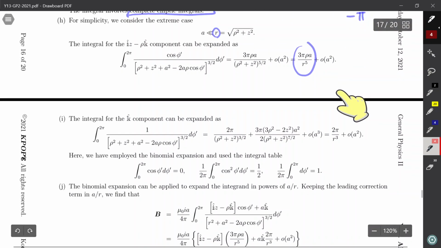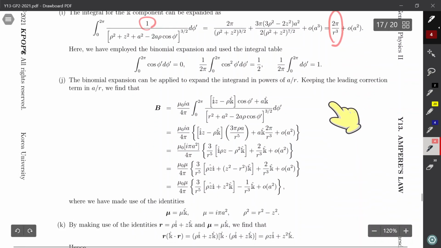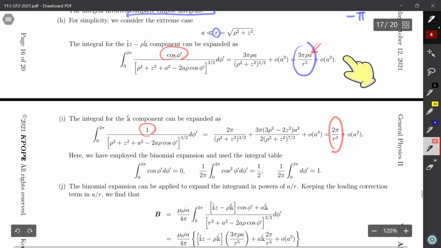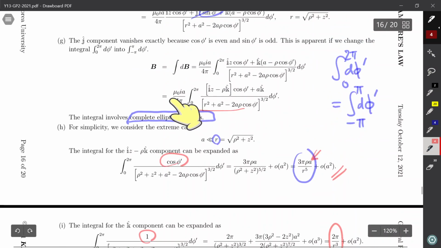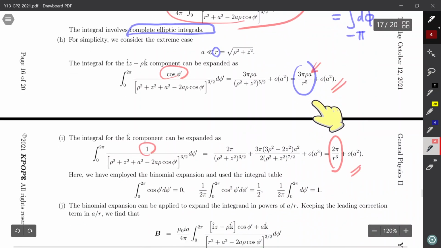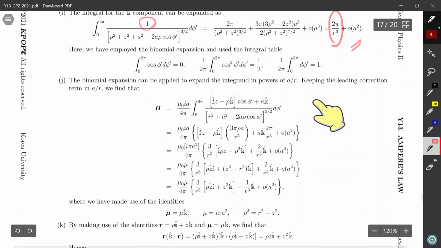We can expand this cosine integral and the constant integral in powers of a, and we keep the linear term in a only. If you make use of the integral table and substitute this result into this expression, what we have finally is of the form.